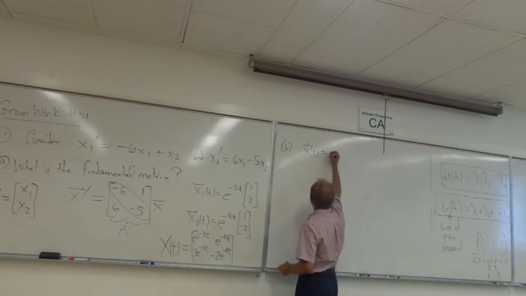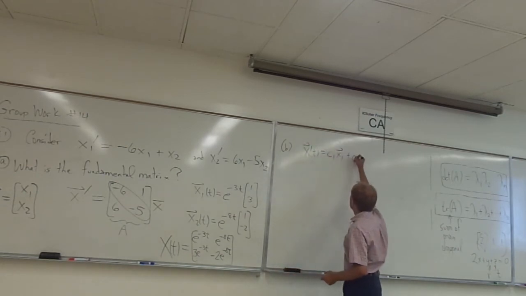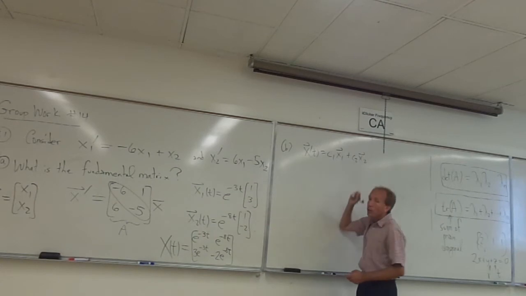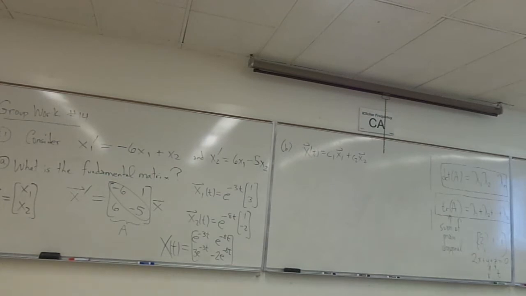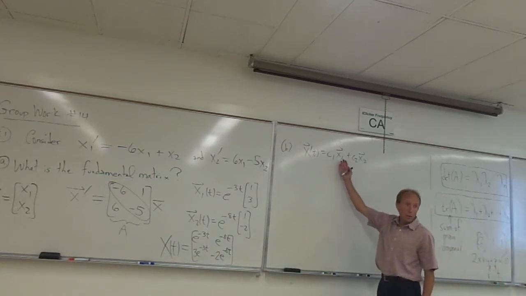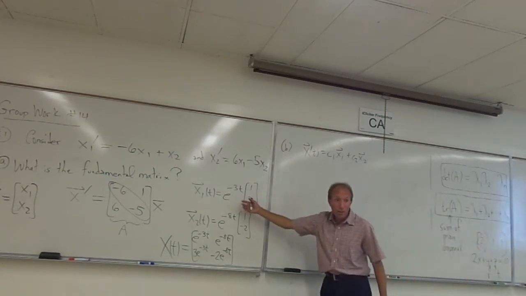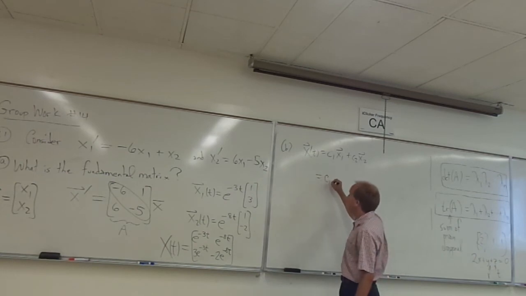Right, C1 times X1 plus C2 times X2. You're welcome to refer to what you had written down earlier. You don't have to write it all out again. You can just leave this as X1 as long as I can see X1 here, or you can plug it in. Sometimes people like to look at it.